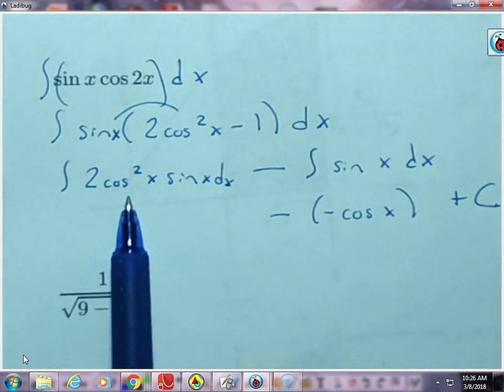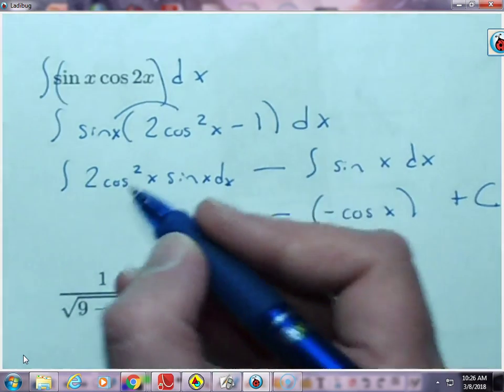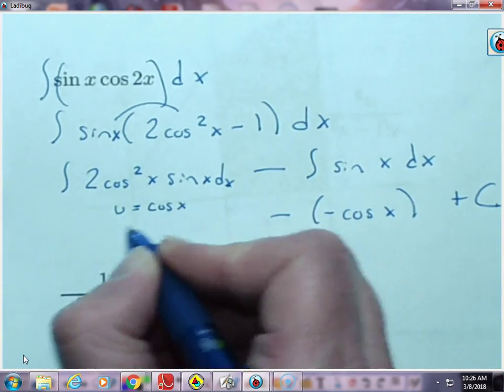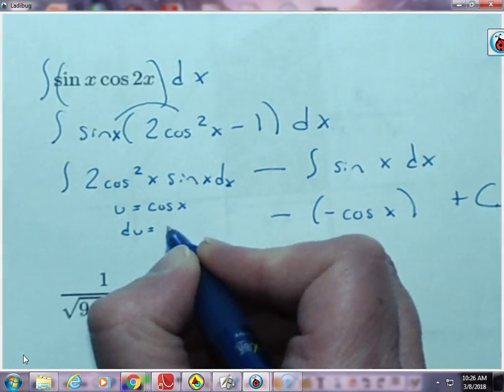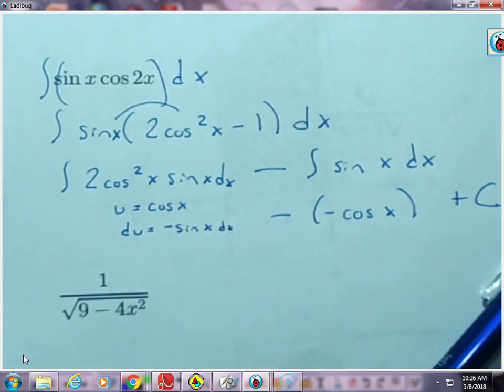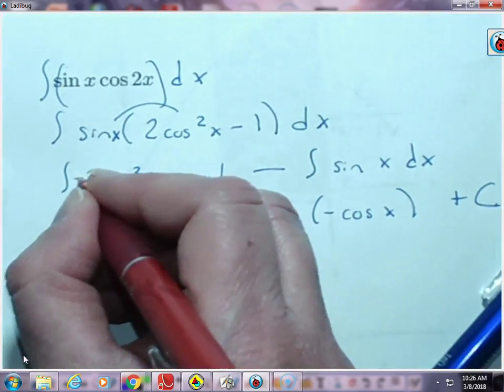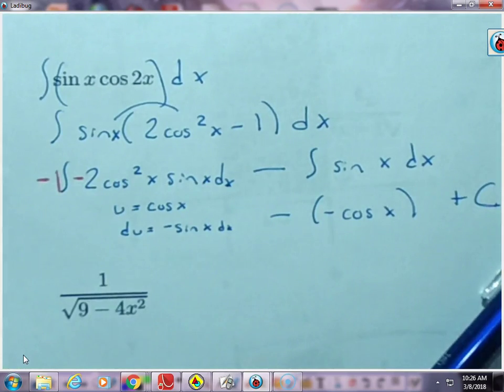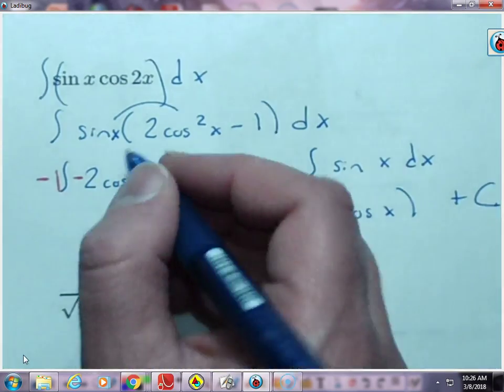Okay, what are your thoughts on this one? So what's u? And du? Do I have it? Almost. So I'll just put a negative there and a negative there. Okay, I'm going to need to take the 2 out.